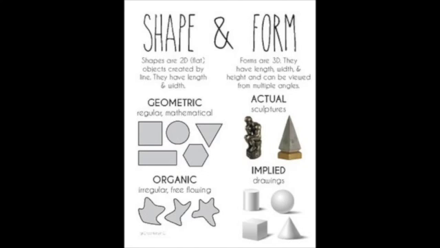And then this word should be familiar to you. Implied forms are below those. Those are drawn. They look 3-dimensional. They look like you could touch and feel all sides of them, but they're actually flat drawings. So just like our implied texture lesson, you can also have implied form.